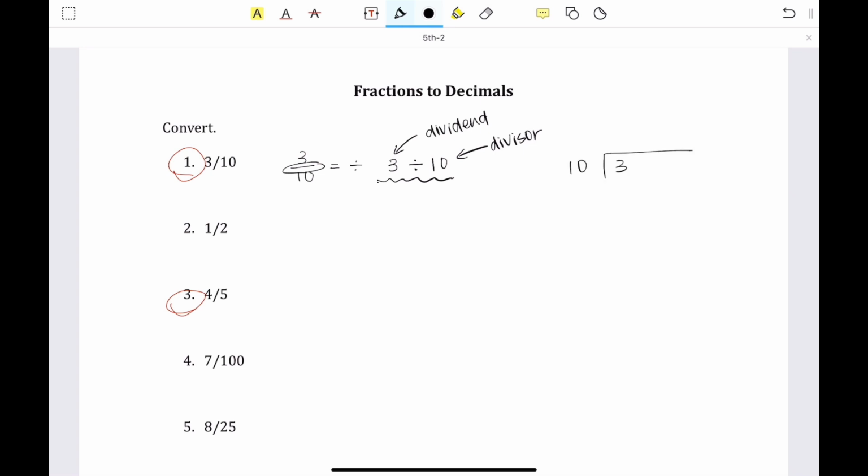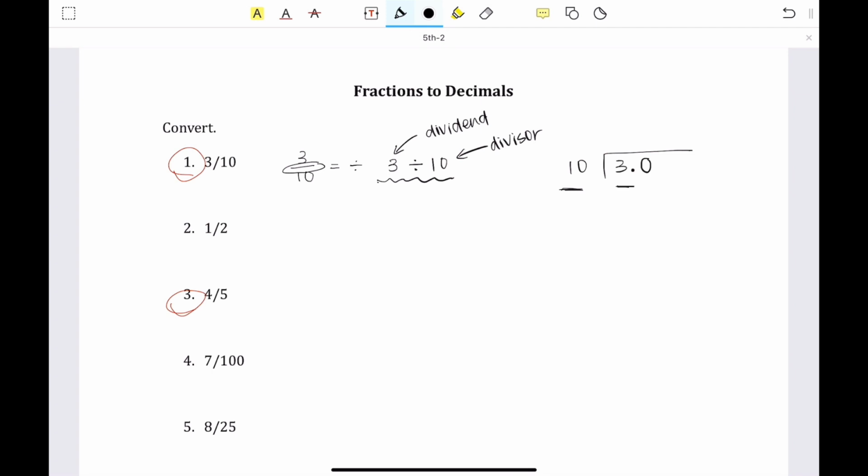Now the thing with decimals is that your divisor will not go into your dividend. 10 does not go into 3 even once. So when we're trying to convert this into decimals, we're going to put a decimal point after 3, your dividend, and put a 0 after. So you're putting a point and a 0 right after your dividend because your 10 does not go into 3 at all.